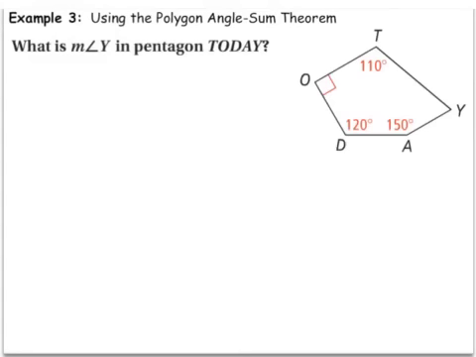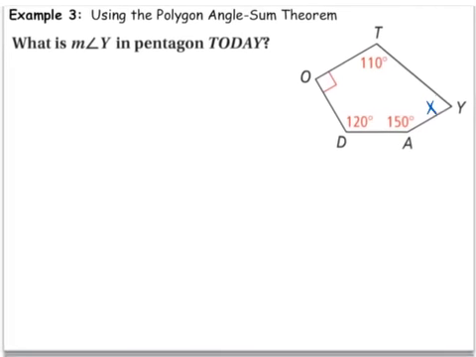In this example, we're going to be using the angle sum theorem to solve for the missing angle, the measure of angle y. Let's go ahead and label angle y as x. We're going to be using a little bit of algebra to help us solve for the missing angle. Since this is a pentagon, the sum of the angles will sum to 540.